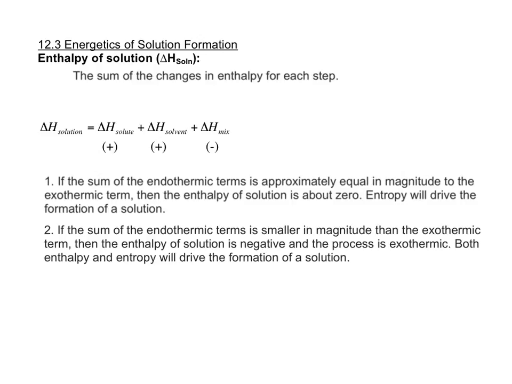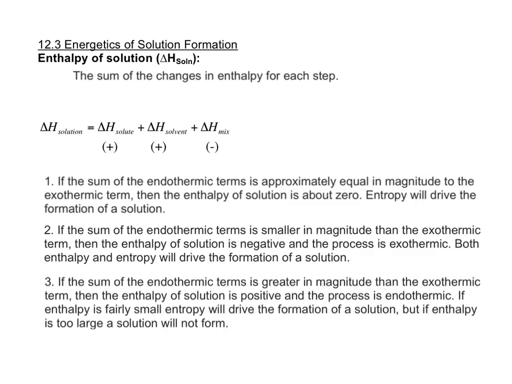And then the third circumstance would be if the sum of the endothermic terms is greater in magnitude than the exothermic term, then the delta H of solution is positive, which means that the process is endothermic. And in this case, as long as delta H of solution isn't too big, we'll have a tendency toward forming a solution because it's an increase in entropy, but not always. So if the delta H of solution is too large, then the solution would not form.